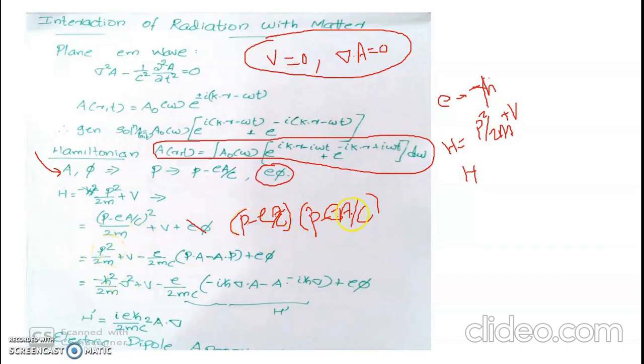And this minus is taken out, minus E by 2mc. There will be A dot P. So actually this is plus, and I have made a mistake here. This is P dot A plus A dot P plus E phi.